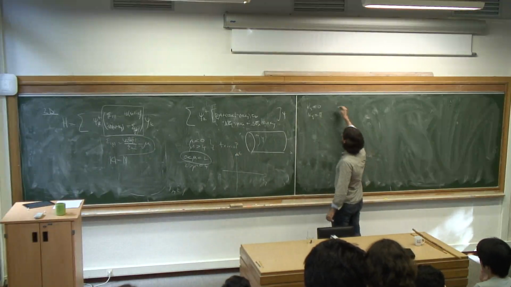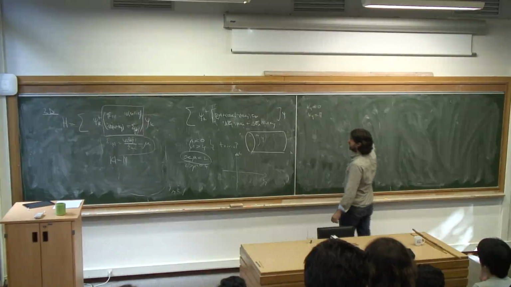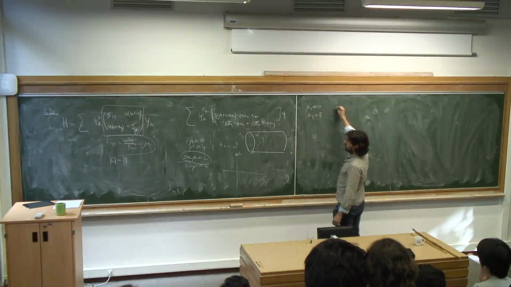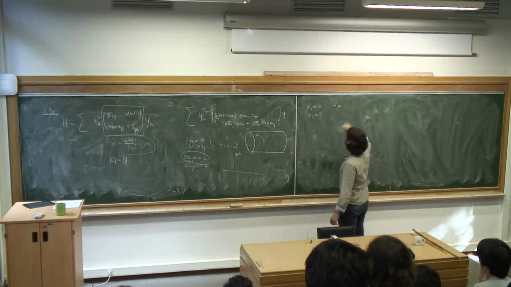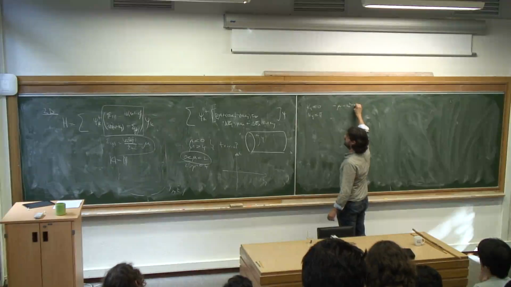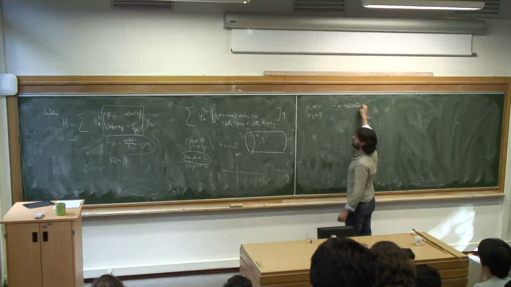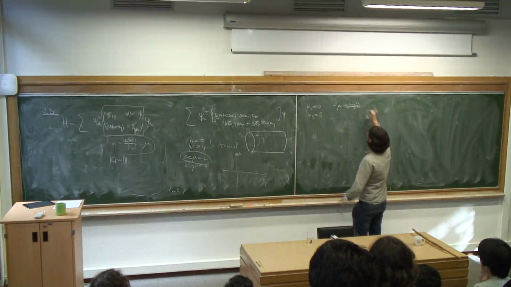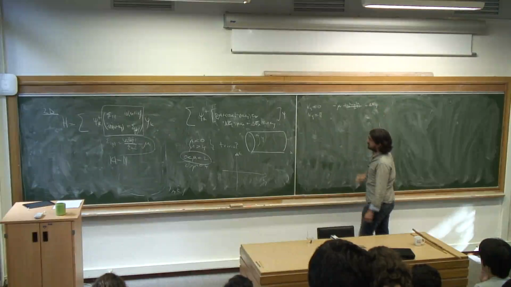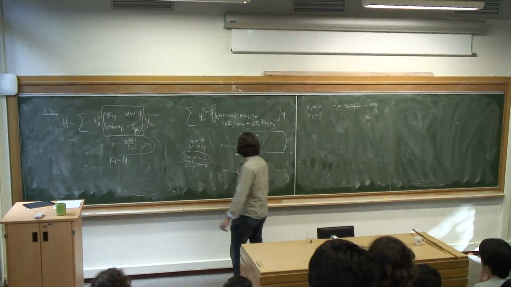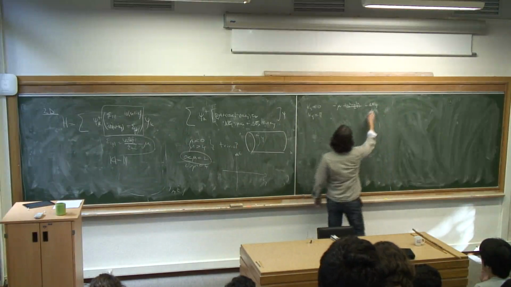The way it looks at ky equals 0 is minus mu minus kx squared plus ky squared. Plus kx, plus whatever, delta at small ky.